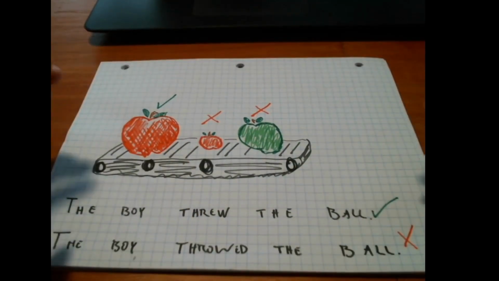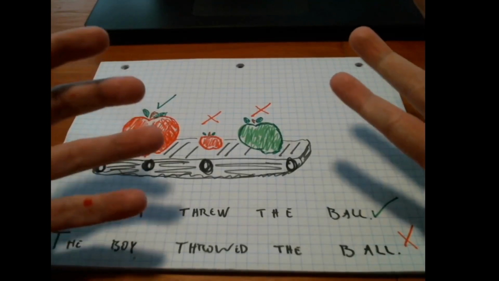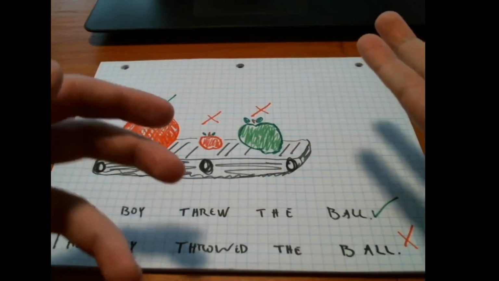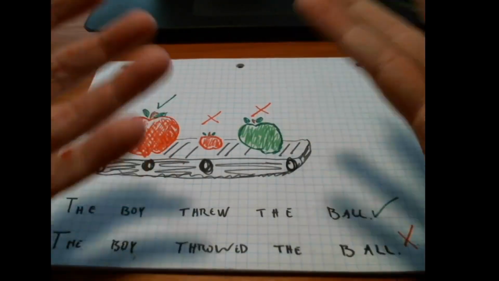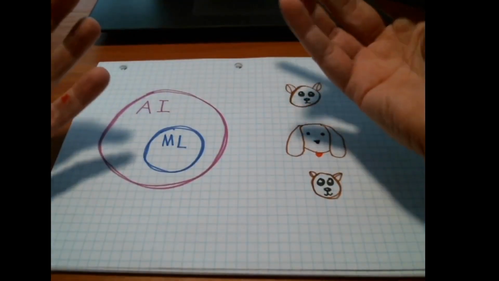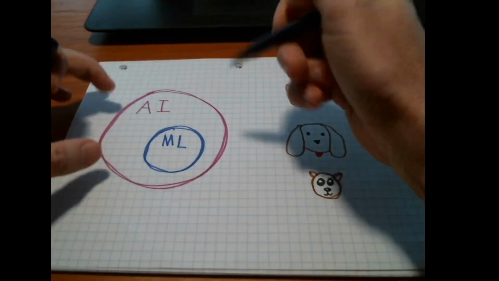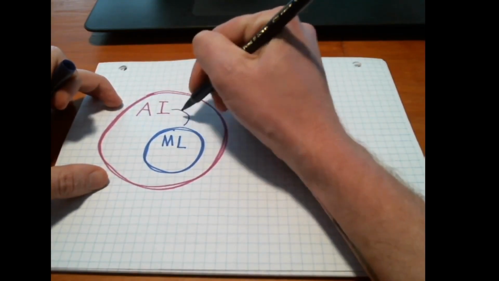And either one of those can be done without making a computer that can have a conversation or blot out the sun to starve humanity. Machine learning is one technique in the broader field of artificial intelligence.